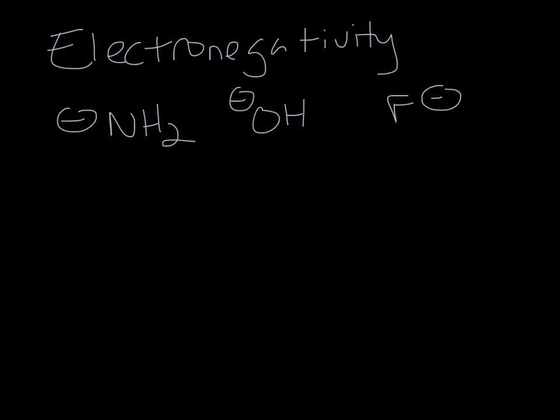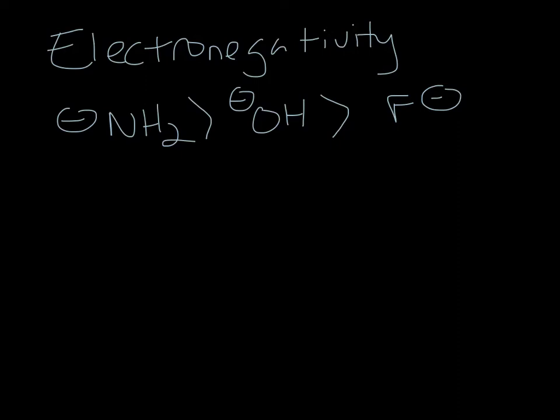And we can also look at the effects of electronegativity on nucleophilicity. So if, for example, we go across a row, and I'm doing negatively charged species here, the amide ion, hydroxide, and then fluoride. In this case, the amide ion is going to be the most nucleophilic, and the fluoride ion is the least nucleophilic.